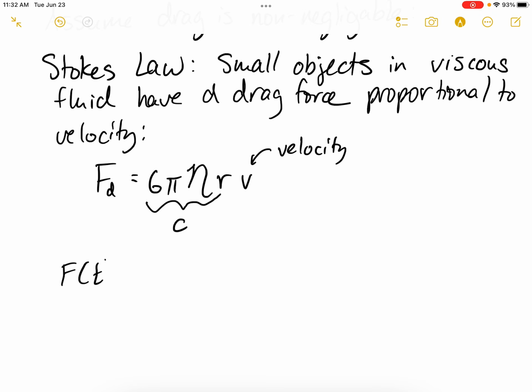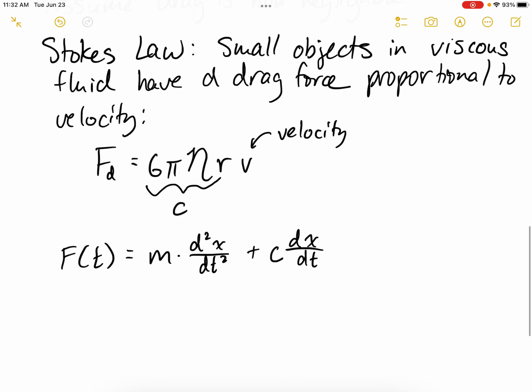So now we have f of t is equal to mass times acceleration, which we have replaced with d squared x over dt squared, now plus the drag force. So we have c times velocity, which again, according to before, is actually dx dt. Great.